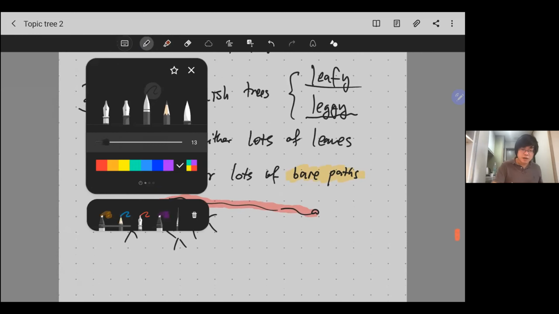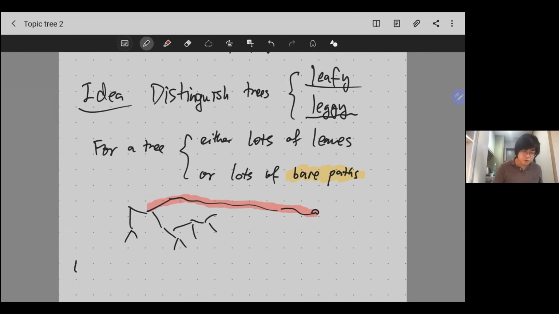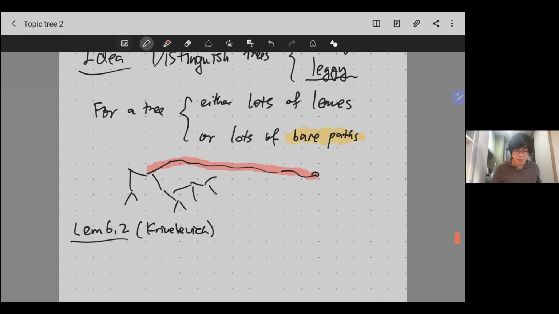The following lemma makes it precise. Very easy to state. Let n and k be integers, at least 2.